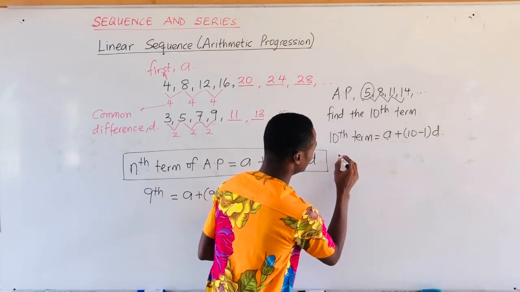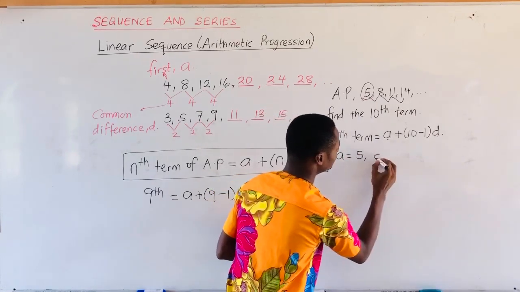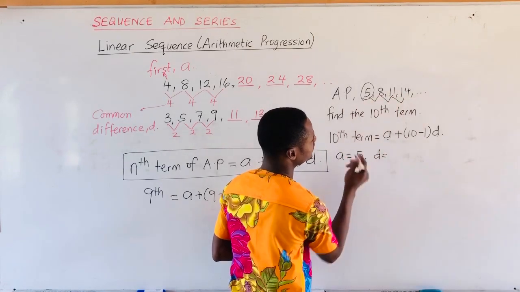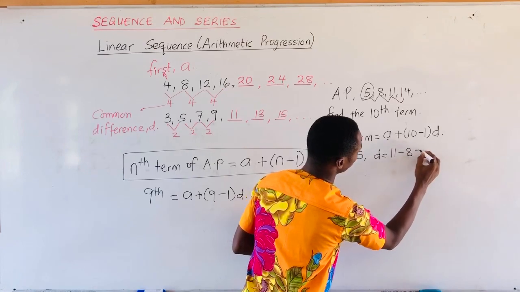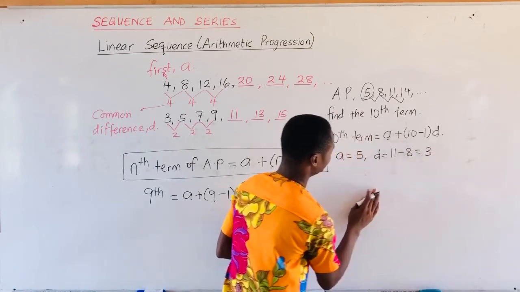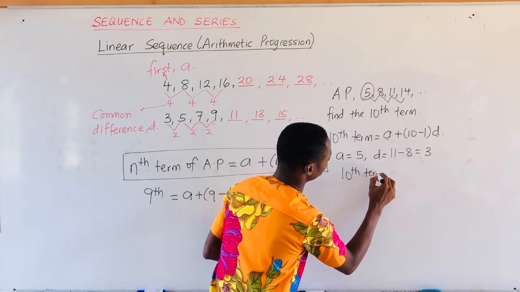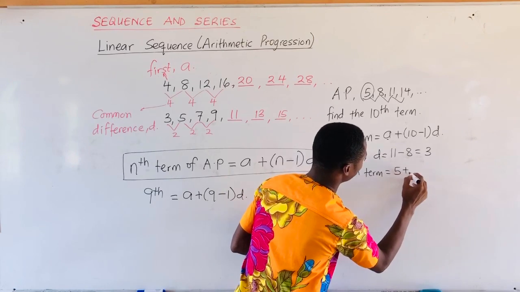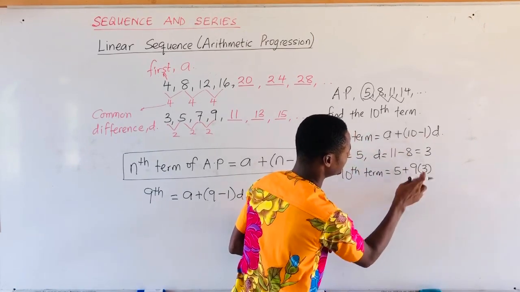So here our A is equal to 5, and then D is equal to, we can pick any two consecutive terms and subtract. So let's use 11 minus 8, which is equal to 3. Then our 10th term is equal to 5 plus 9 times 3, which is 10 minus 1 is 9.